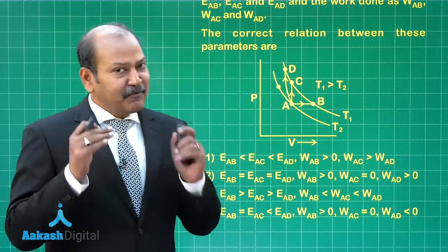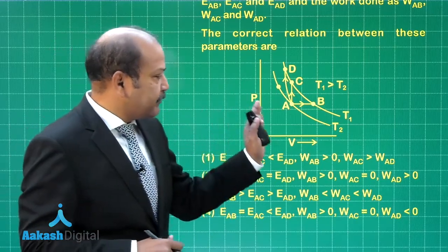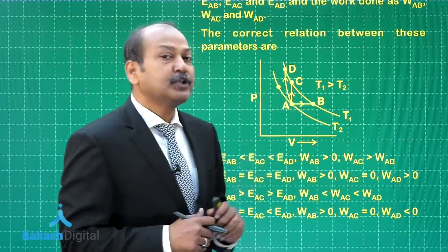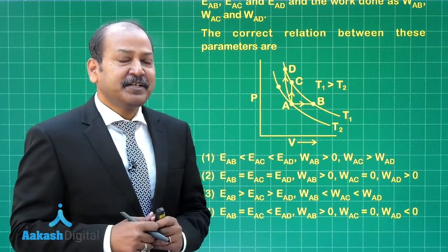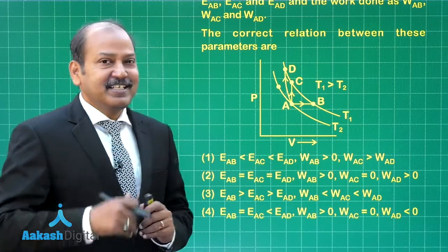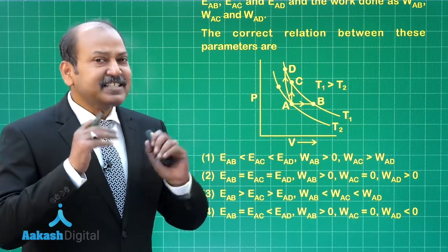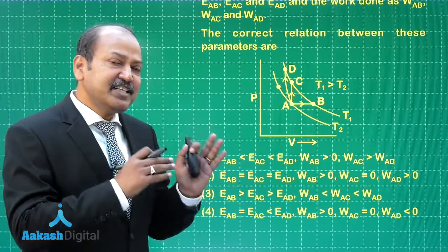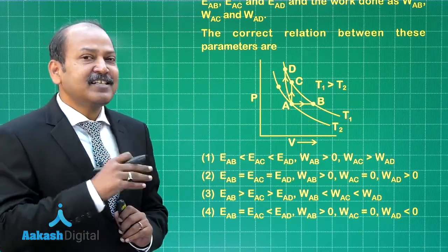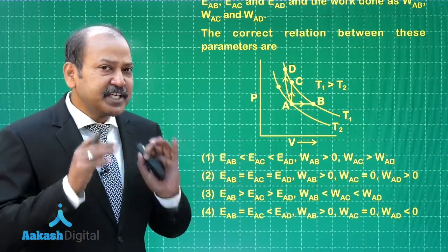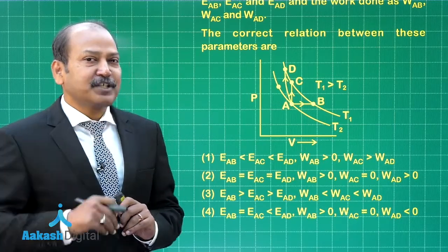Well, one thing is for sure, we are going from one isotherm to the other isotherm, and that means change in temperature is the same in all the 3 cases. So, the gas sample being the same and the change in temperature being the same, clearly the change in internal energy is going to be the same for all the 3 processes.